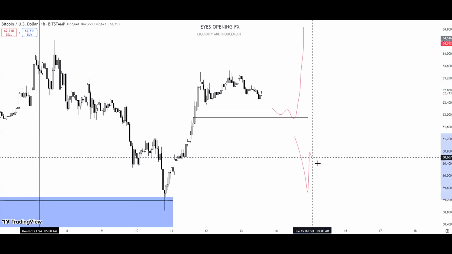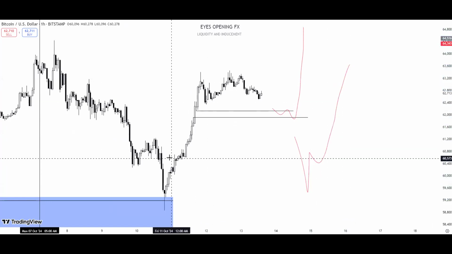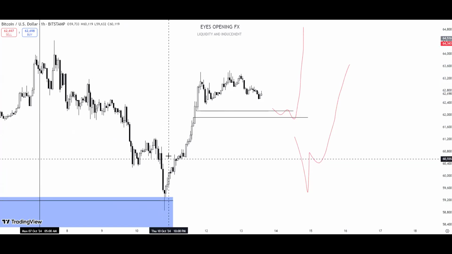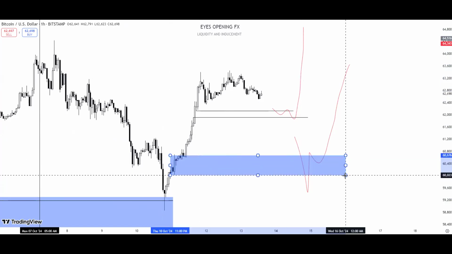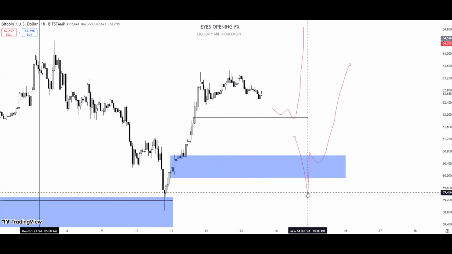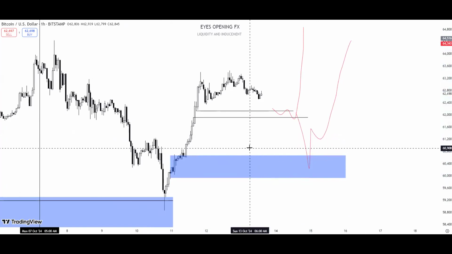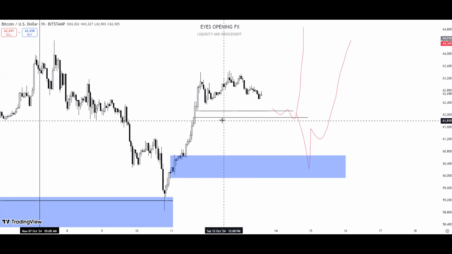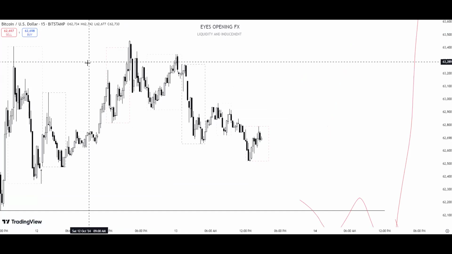So these are the kind of areas I expect. I marked this area out earlier on. These are areas I expect price to buy from, these two areas, either from below this imbalance. If you want to refine it, you can go to 15 minutes.